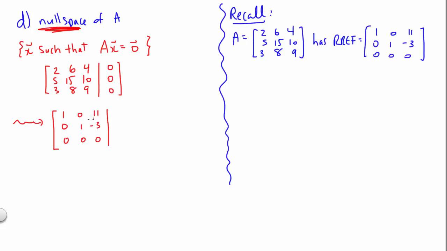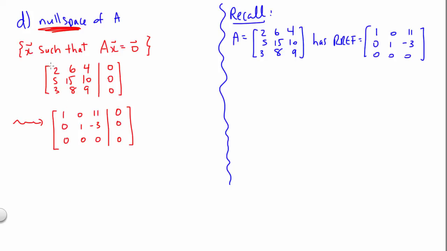And any row operations that we do, whether it's swapping rows, dividing rows through by a multiple, etc., those are all going to preserve the right-hand side. So we're guaranteed that the RREF of this augmented matrix is going to look like this. So all we need to do now is solve the system.